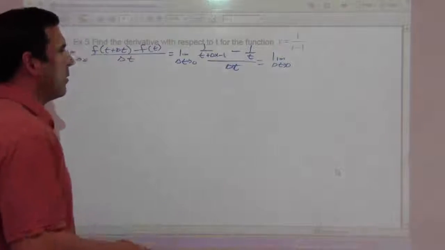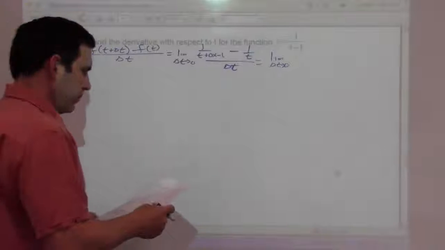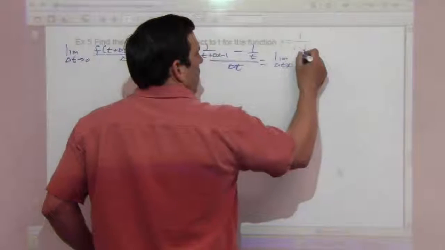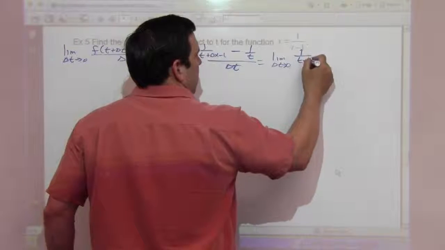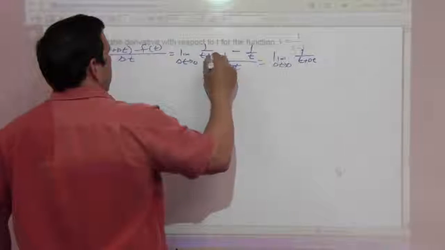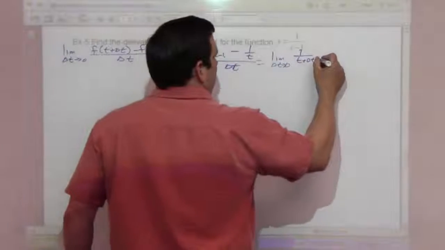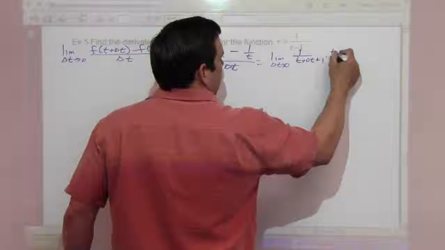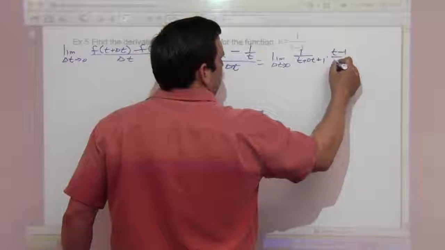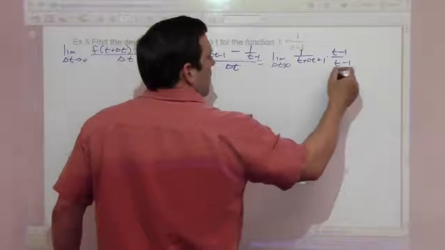Delta t goes to 0 of what? 1 over t plus delta t minus 1, times t minus 1 over t minus 1. There should be a minus 1 there.